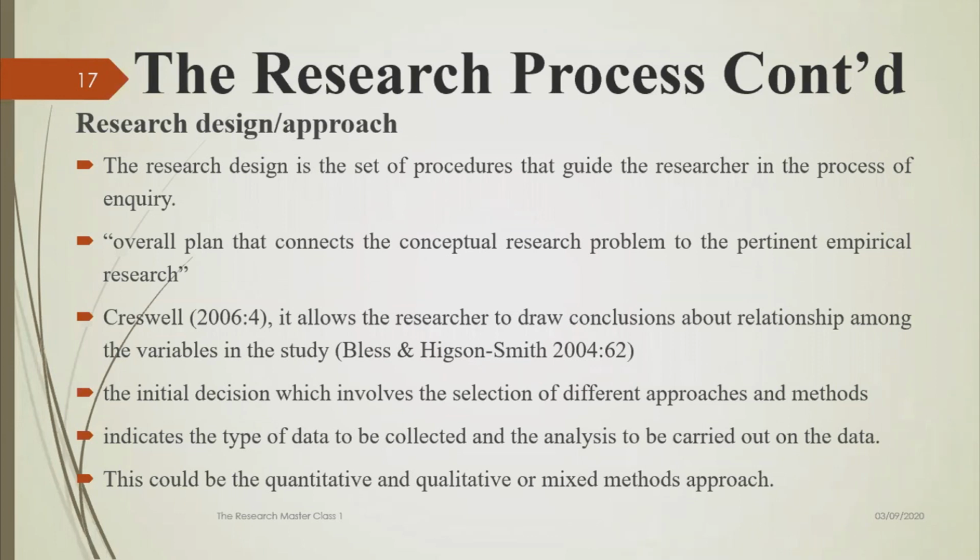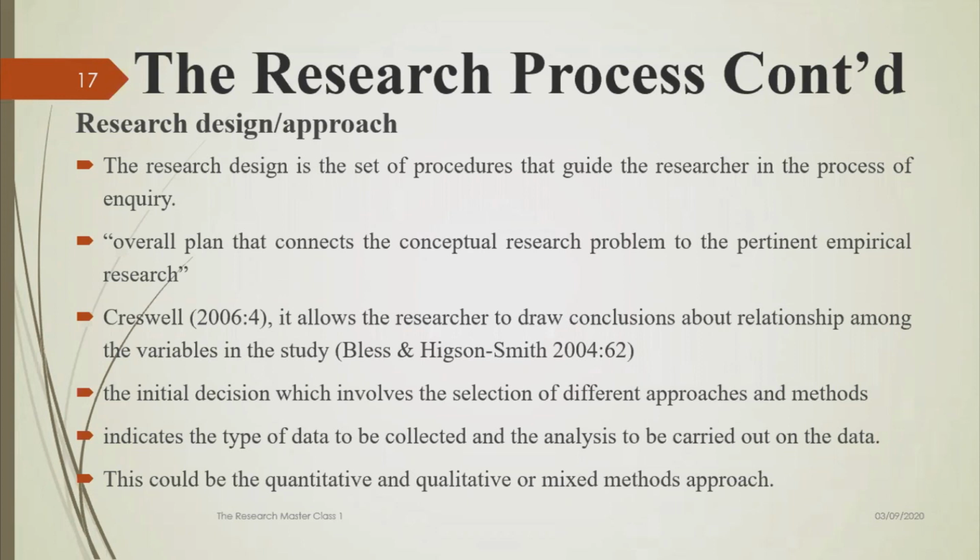Okay, and we talked about the systematic or the scientific approach. So it is the design, sorry, that is going to help you to carry out that scientific or systematic process in finding solutions to the questions or the problem you have identified.